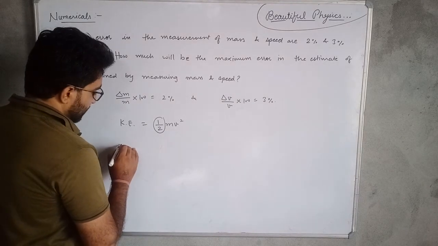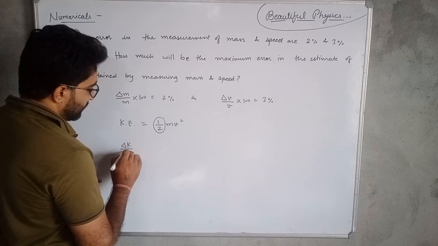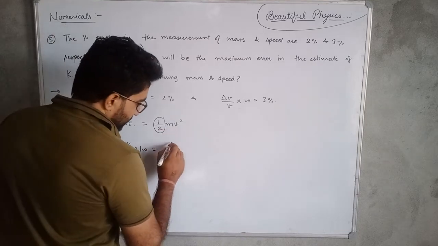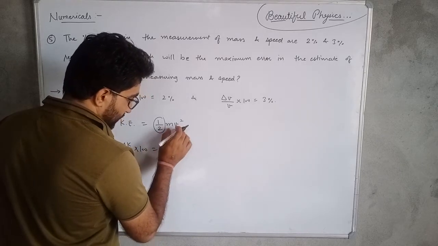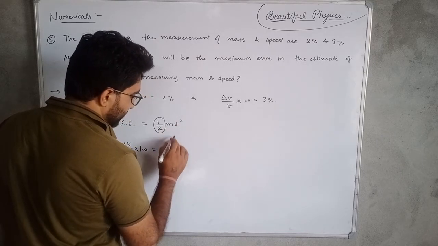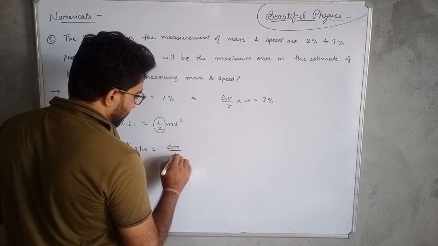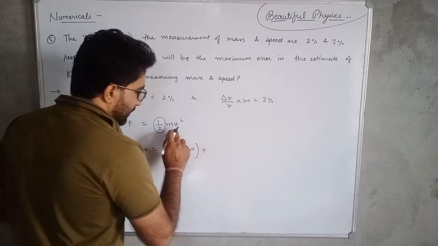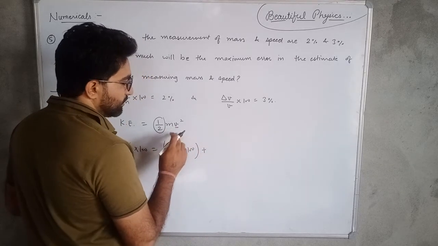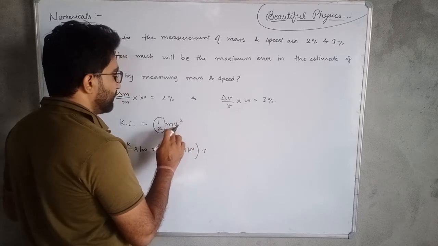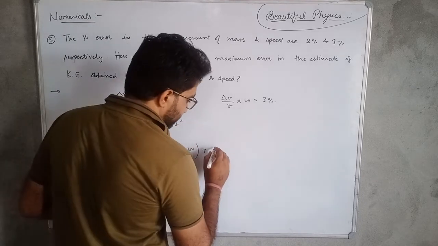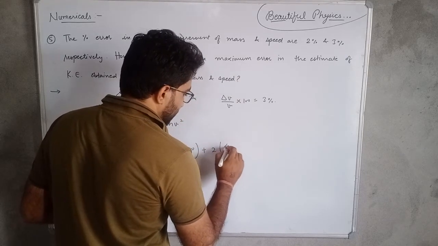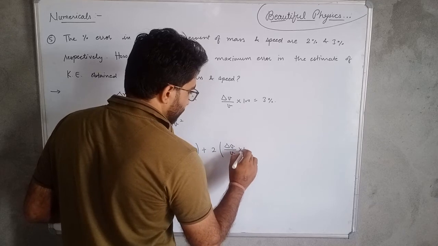Then for kinetic energy we have to find delta k upon k into 100, and it will be equal to, this product is converted into sum, delta m by m into 100 plus, here we have v square, so the power is taken forward, and for v we will write delta v by v into 100.